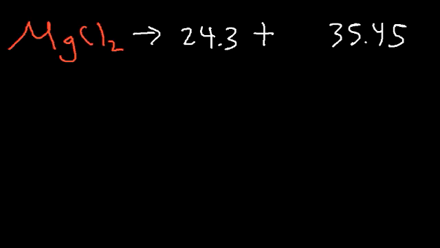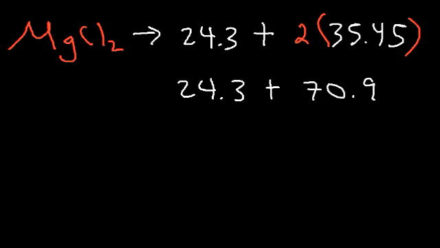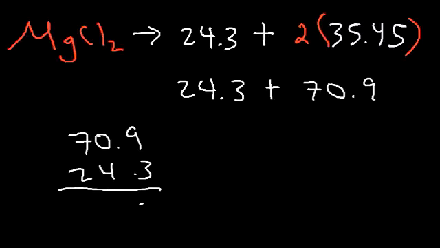Now, magnesium has an atomic mass of 24.3, and for chlorine it's about 35.45. And so we're going to multiply this by 2 because there's 2 chlorine atoms. Now, 2 times 35 is 70, and 2 times 45 is 90. So 0.45 times 2 is 0.9, so this is going to be 70.9. And if we add these two together, 70.9 plus 24.3, 9 plus 3 is 12.